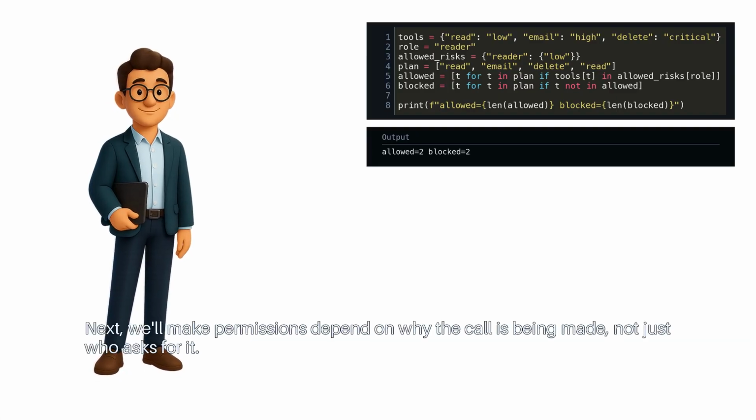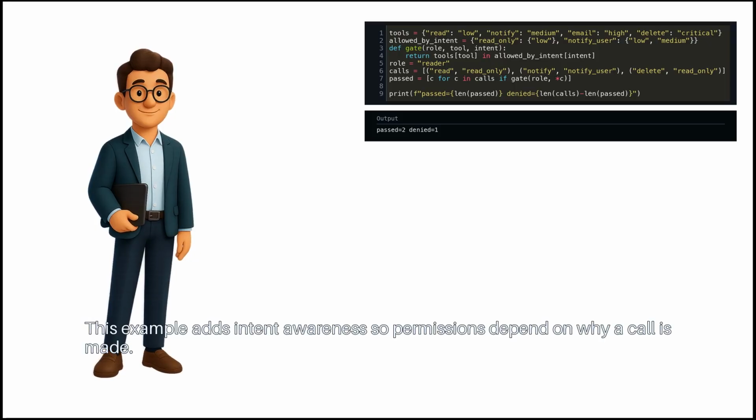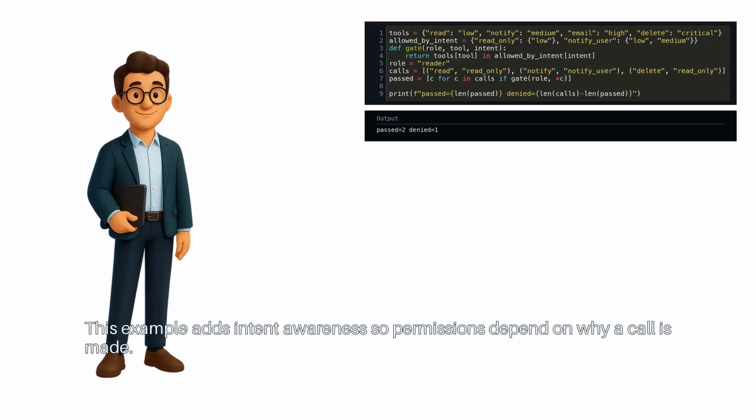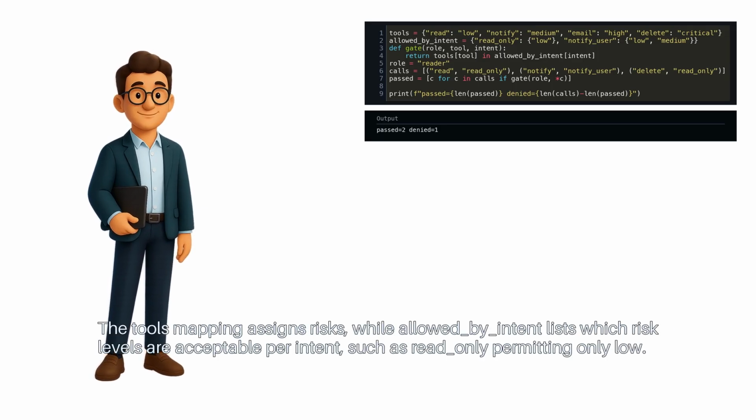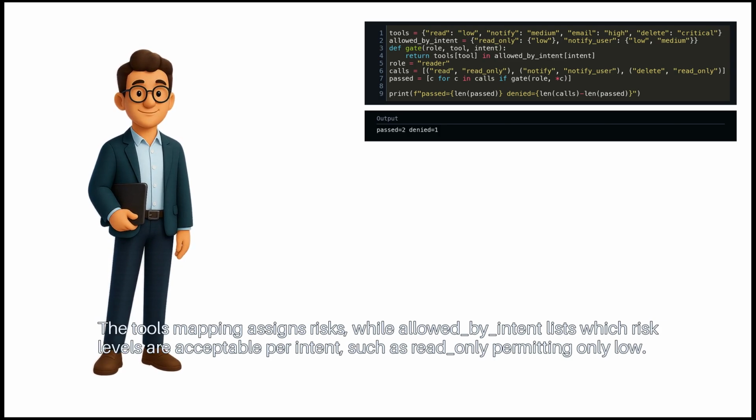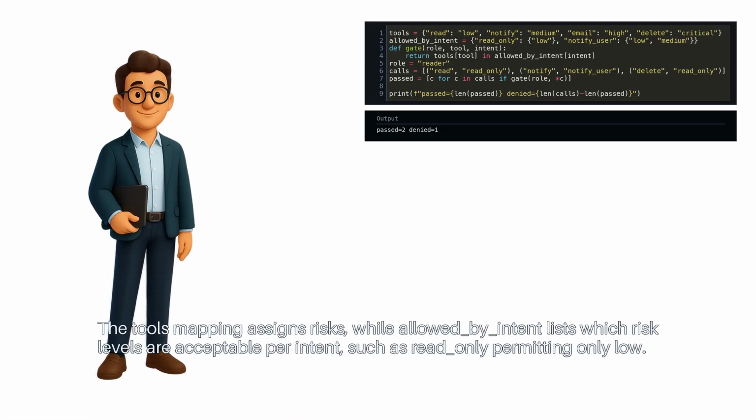Next, we'll make permissions depend on why the call is being made, not just who asks for it. This example adds intent awareness, so permissions depend on why a call is made. The tools mapping assigns risks, while allowed by intent lists which risk levels are acceptable per intent, such as read-only, permitting only low.